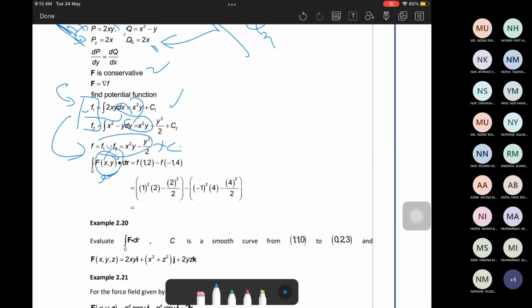So just apply potential function ni, masuk the value tu (1,2) dan (-1,4), masukkan, dan kita akan dapat jawapan. Jawapan pun saya tak tulis, boleh cari sendiri.